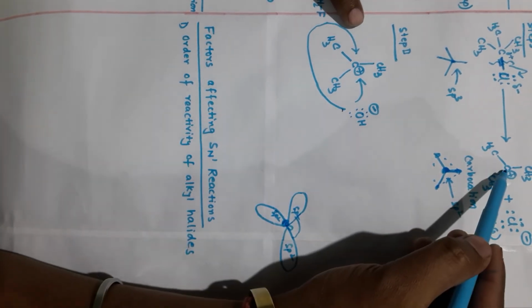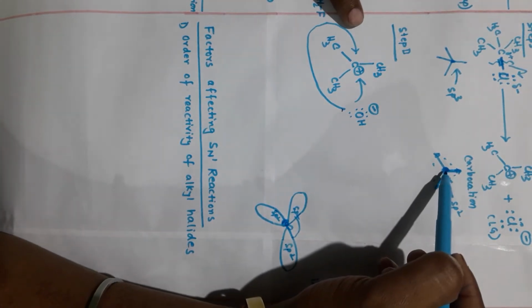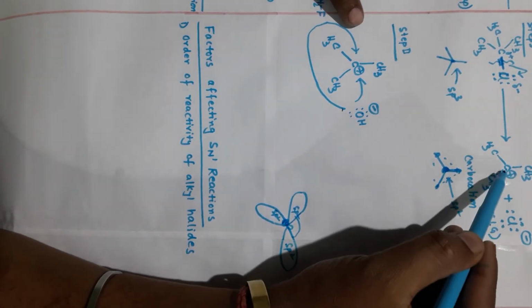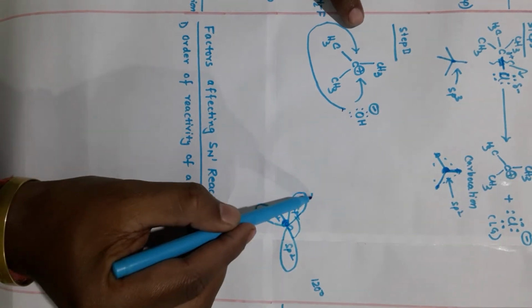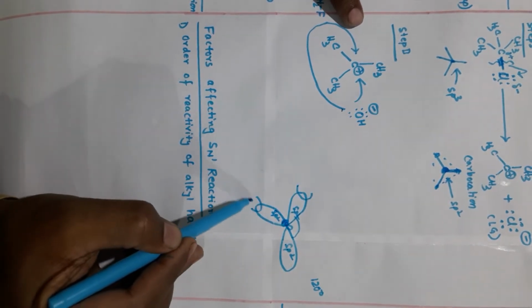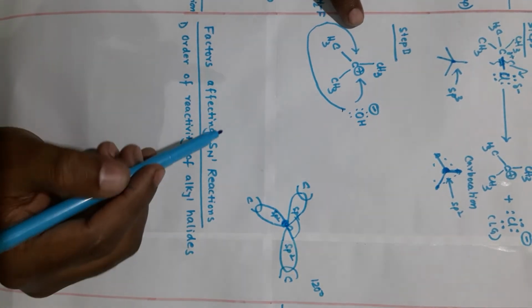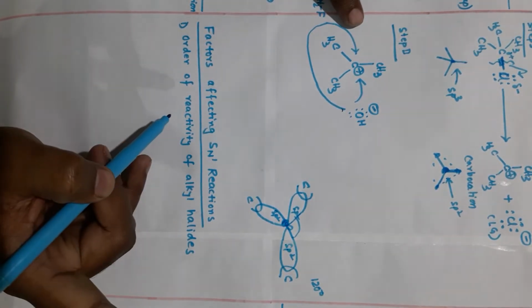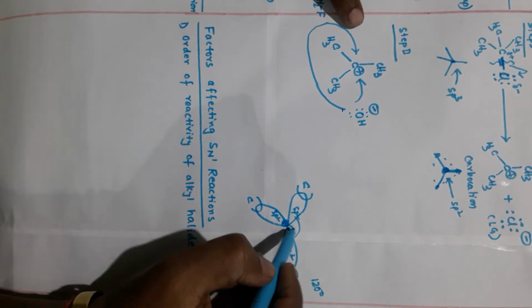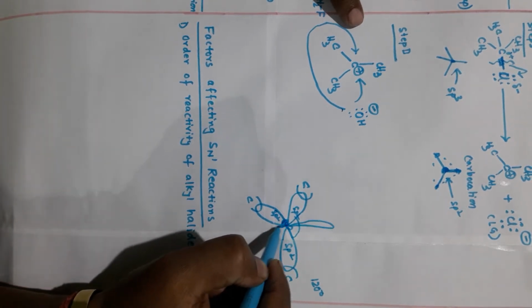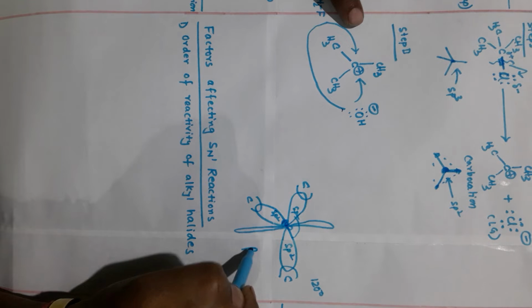Now this sp2 hybridized carbon is bonded to 3 other carbons. The 3 other carbons are bonded by sp2 hybrid orbitals. Now we know that if a carbon is sp2 hybridized, it has one unhybridized p orbital.